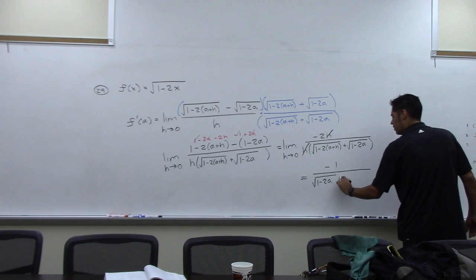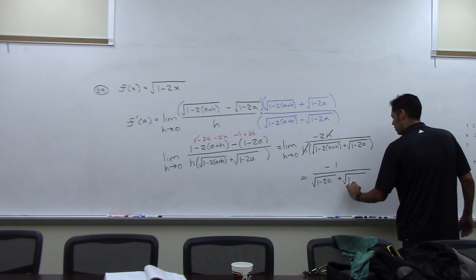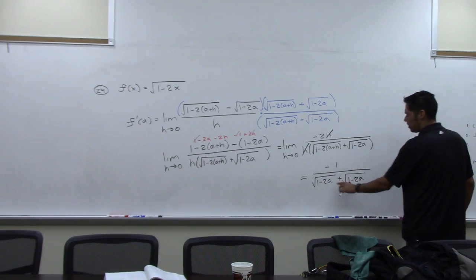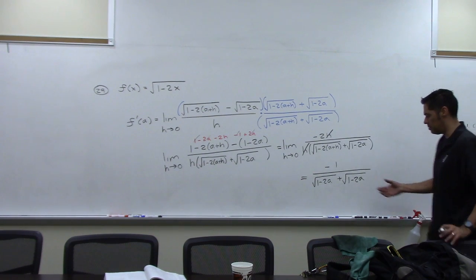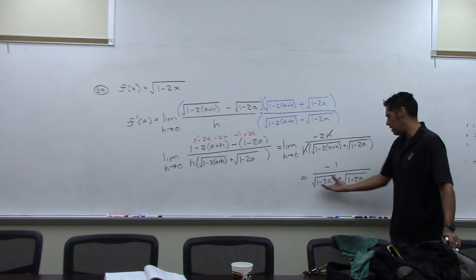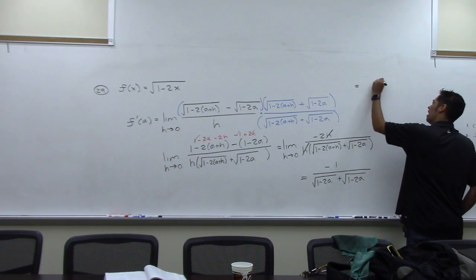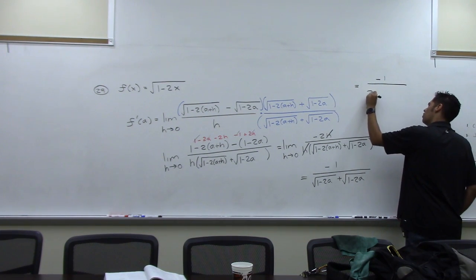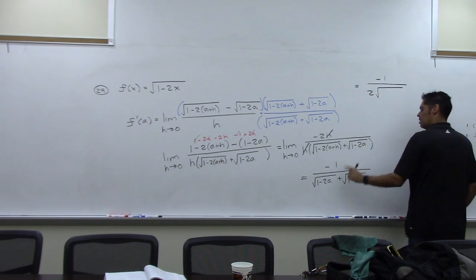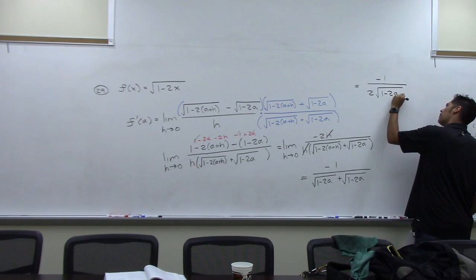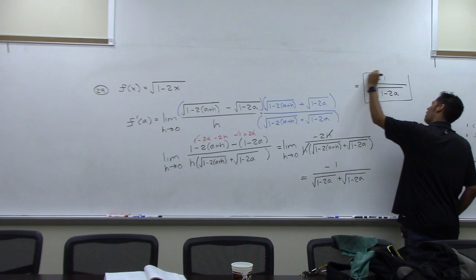And over here, plus another one of those 1 minus 2a's. Now notice it's addition, not multiplication, so I can't put those together and make the root go away. It's just like you have an apple plus an apple, you got 2 apples. So you should get negative 1 over 2 square roots of 1 minus 2a. There it is.